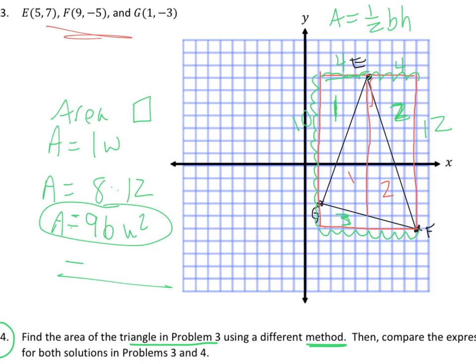And then this one down below is 2 by 1, 2, 3, 4, 5, 6, 7, 8. So I got my dimensions here that I can find area, and then I'd subtract it from 96. And that's an alternative method to breaking the triangle into other triangles and finding the area of it.